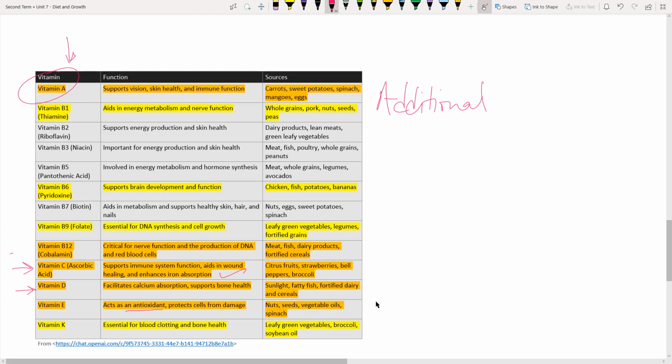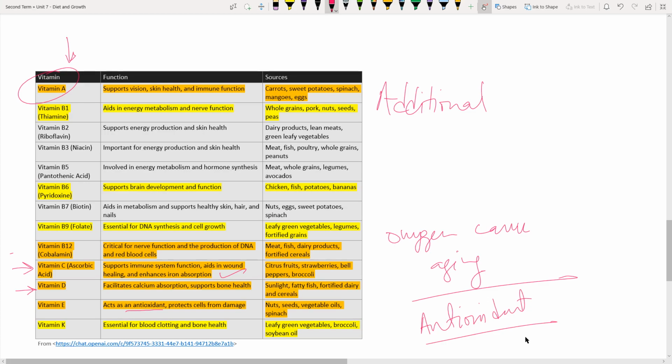So what are antioxidants? Antioxidants, as you do know, that when we age, our hair grows white, right? So it is due to the oxygen, right? Oxygen causes aging, right? And hence we have antioxidants, right? You must have seen some green teas and whatnot available in the market claiming to be antioxidants.